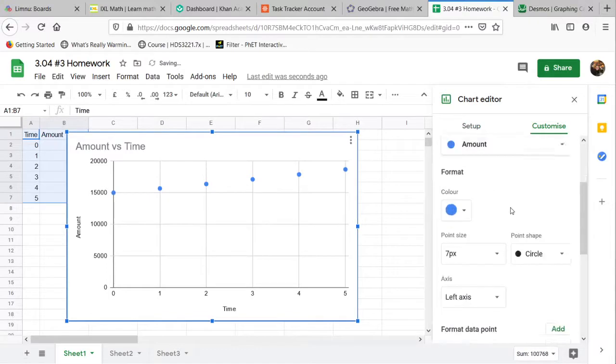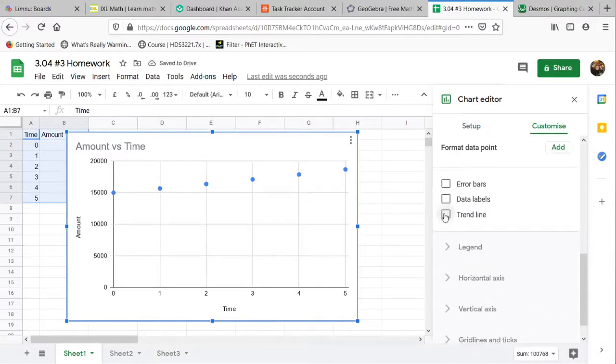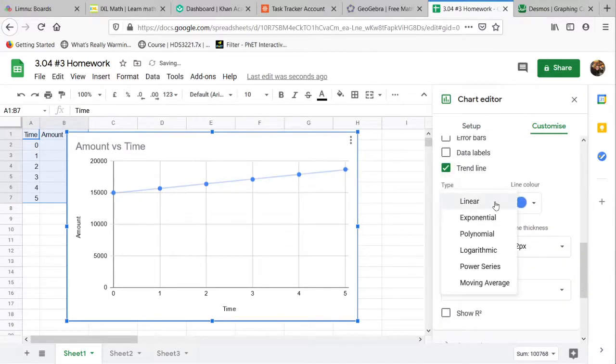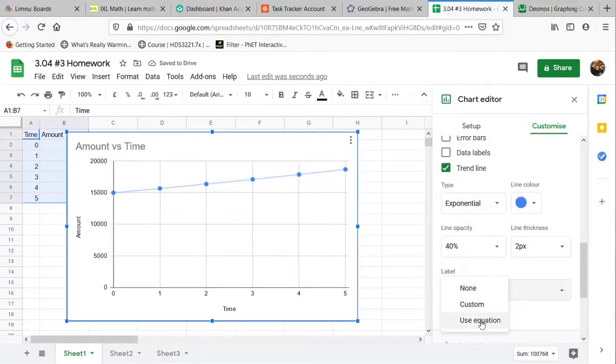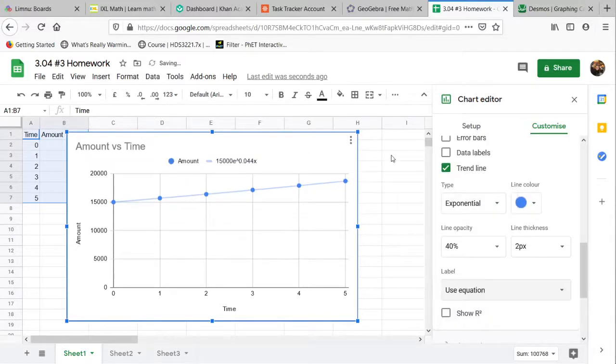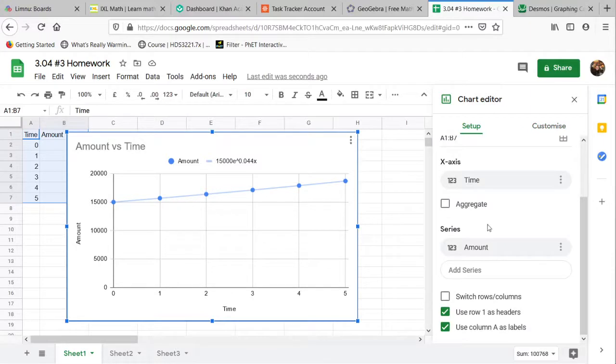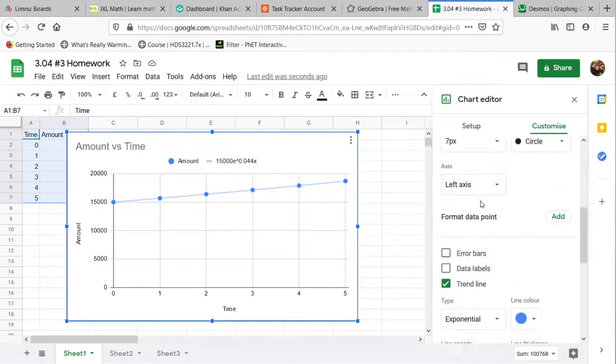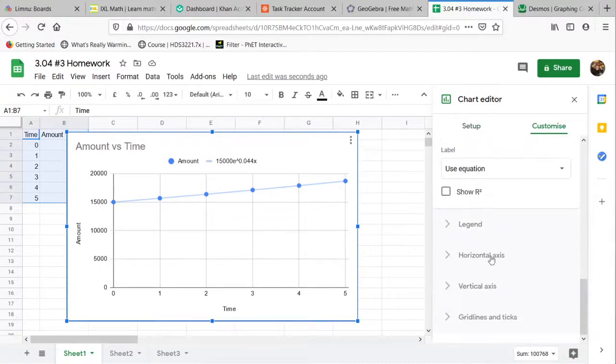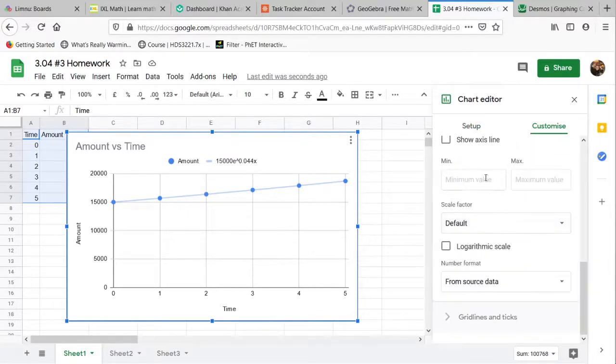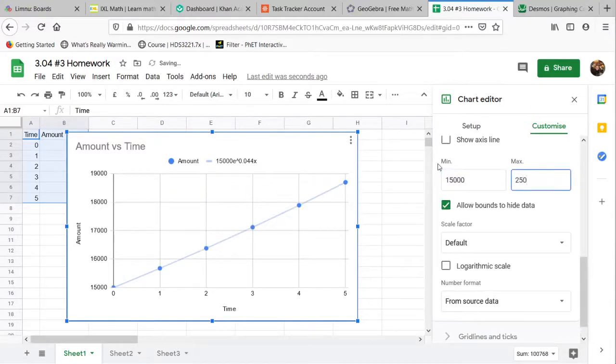We're going to customize. Now this isn't looking super nice because the spreadsheet here doesn't do that zoom fit as nicely as our calculators do. But here we have a nice clean exponential function. To get it to show a little more clearly, I'm going to take our vertical axis and make our minimum value that 15,000 we're starting with.